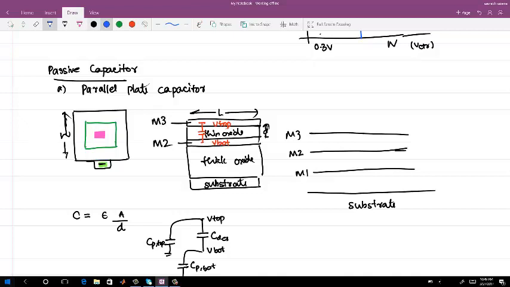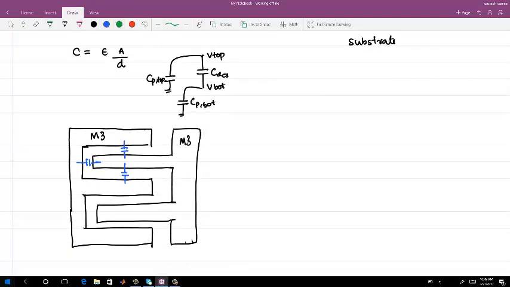Any metal layer which you will have in a given process will have a certain thickness. And the capacitance which you will get here from this kind of fringe capacitance will actually depend on the thickness. Why? Because think about it.